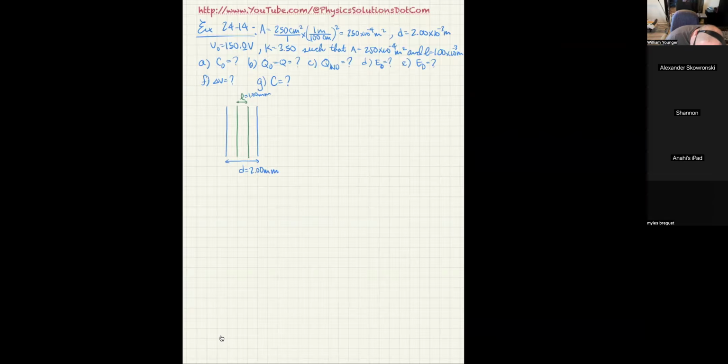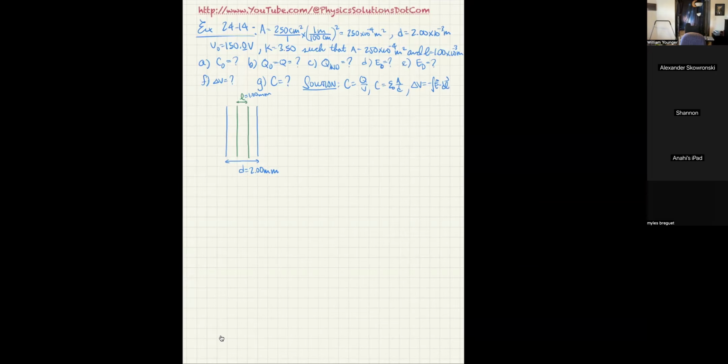Okay, so the equations we'll be using are the usual suspects. We're going to use C equals Q over V. We're going to say C is equal to epsilon 0 A over D. We're going to use delta V equals the negative integral of E dot dl.